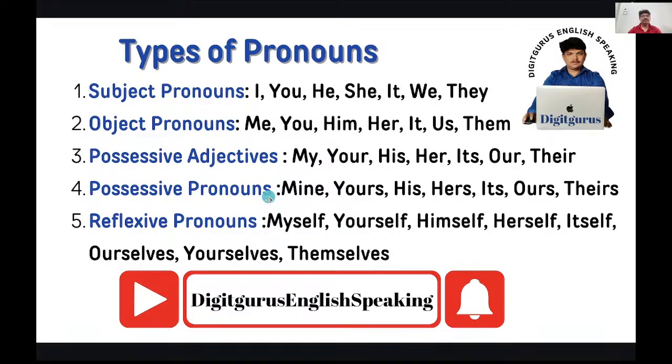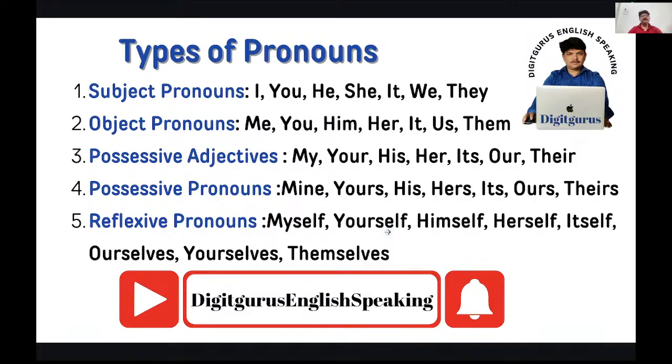Here, mine is possessive. In the reflexive pronoun, you can use a sentence like, I made this cake myself. So, myself is a reflexive pronoun. In place of myself, you can use yourself, himself, herself, itself, ourselves, themselves. So you can use all these.